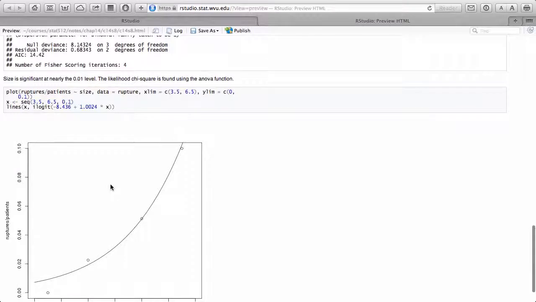So what I have is, I'm going to create x, which is going to be a sequence from 3.5 to 6.5 in increments of 0.1. So I'm going to estimate it at 3.5, 3.6, 3.7, 3.8, all the way up to 6.5. I want to draw this as a line. Since the points are so close together, it looks like a nice smooth curve.